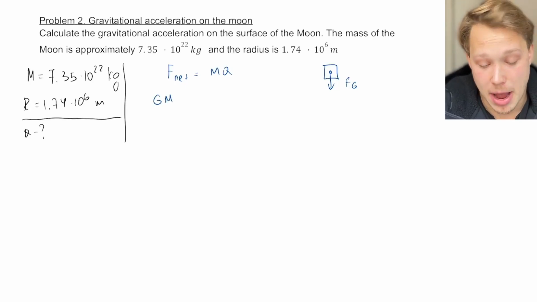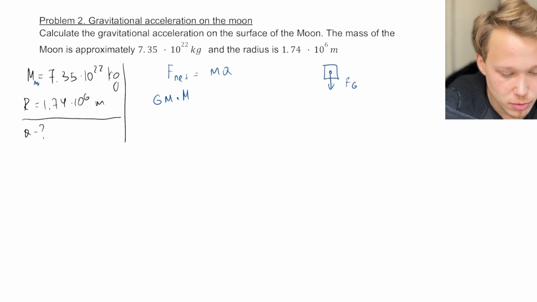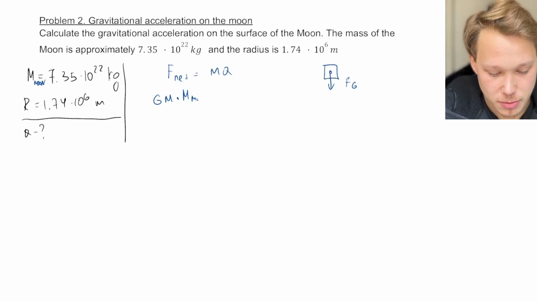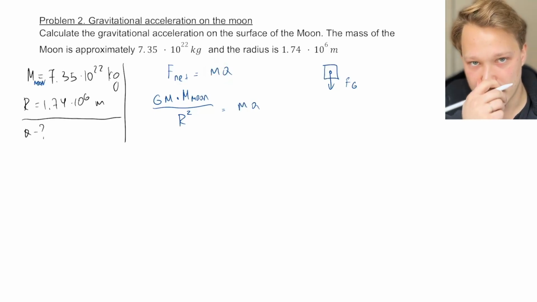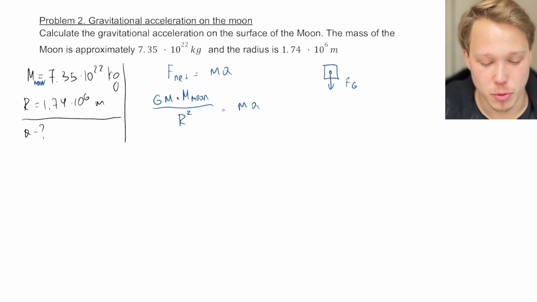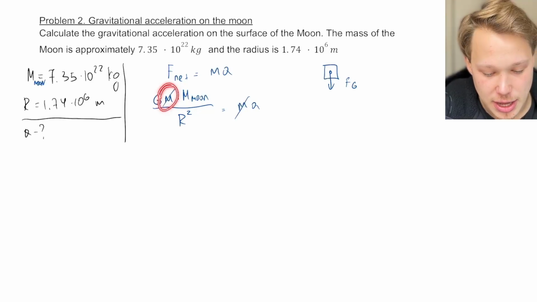So it's your mass, m, times the mass of the moon, over the distance, the radius of the moon, squared, is equal to ma. Since you're writing this for whatever object is falling, let's say it's you falling on the moon, your mass cancels out.